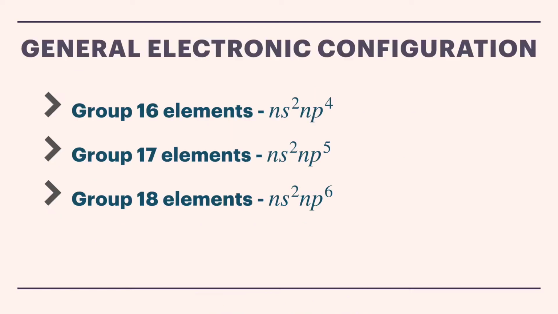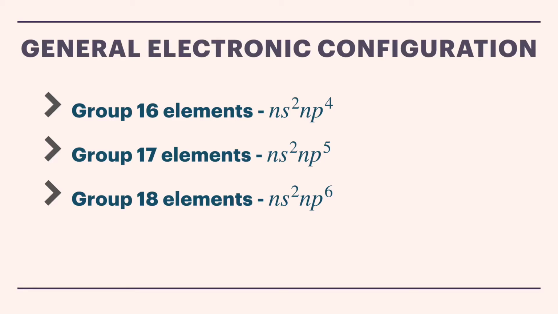So once the elements are done, atomic number is very simple to remember. Okay, so next we'll understand the general electronic configuration of group 16, 17 and 18. So the general electronic configuration of group 16 elements is ns2np4. Okay, so to understand this thing, it is very simple. Now you know which is the first element of group 16. So it is oxygen.